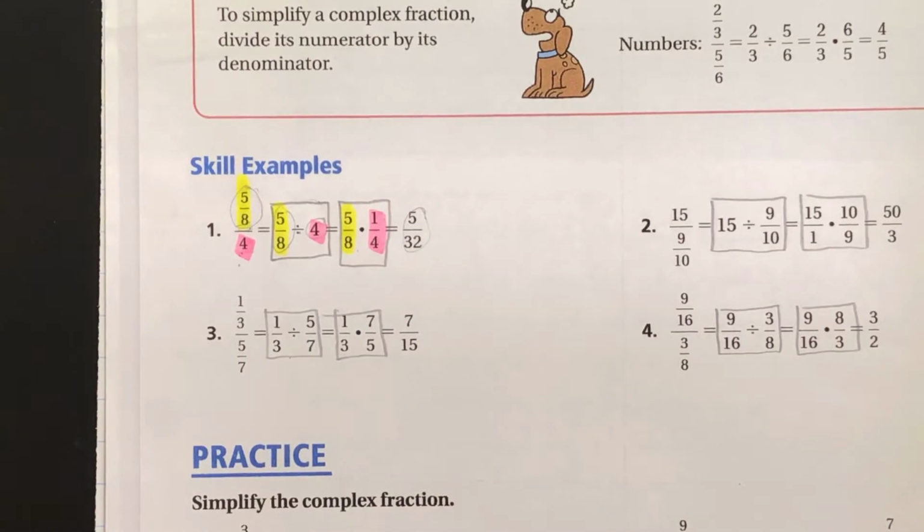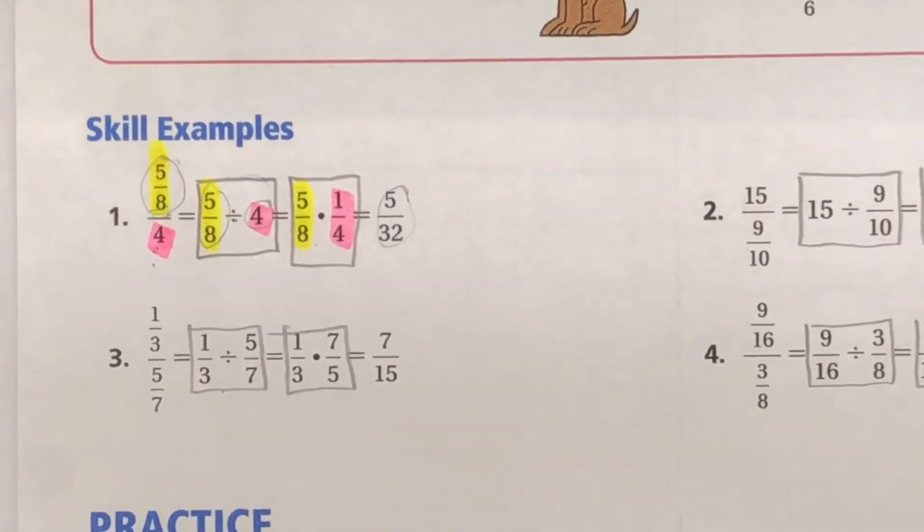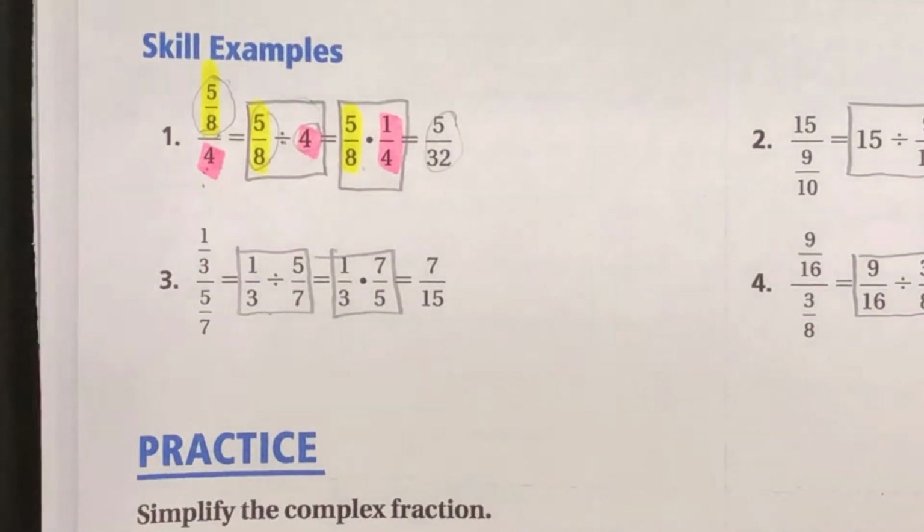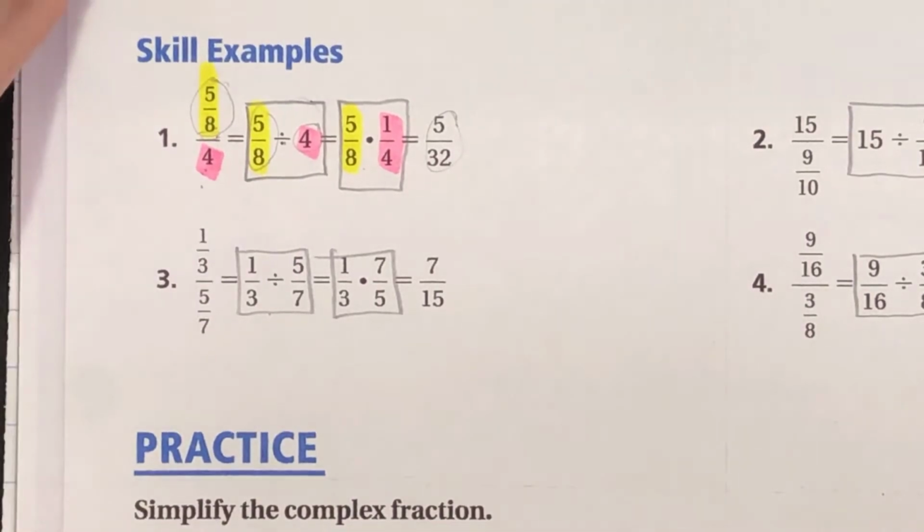Let's do the examples 3 and 4 together. I wrote them out. Number 3, you have 1/3 over 5/7.